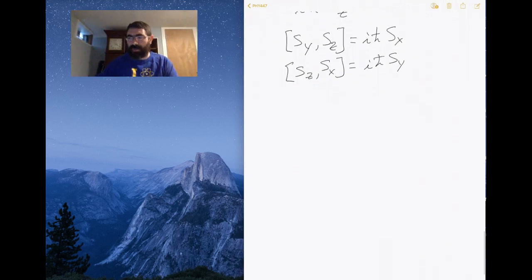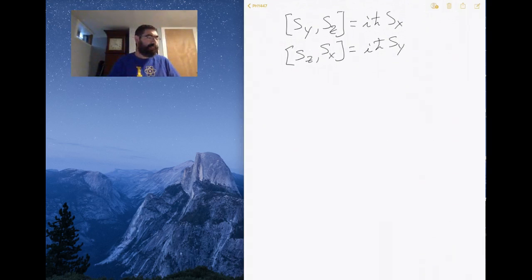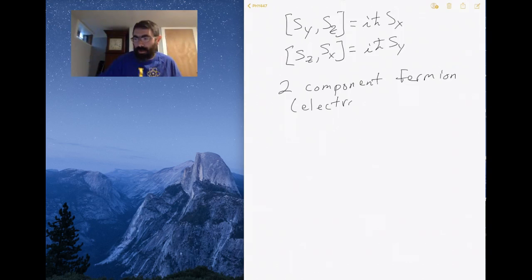Now if I look at our wave functions again, if you pick something like the electron, it's a 2-component fermion. And so it has a component spin up, a component spin down.